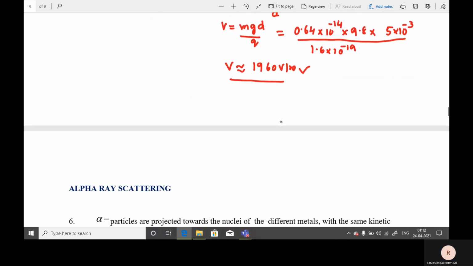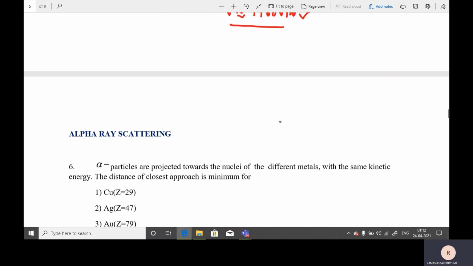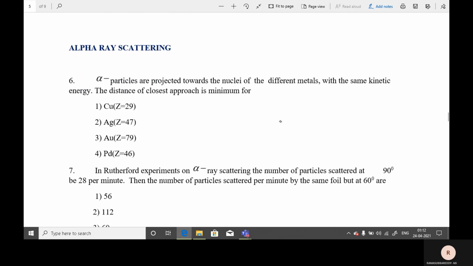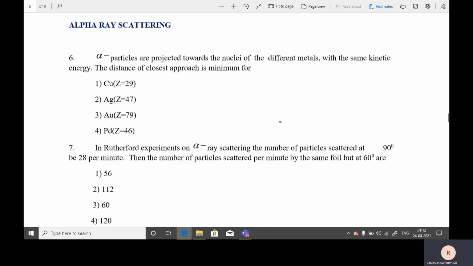Okay. Rutherford scattering. On Rutherford scattering, we'll see the problems. So in Rutherford scattering, alpha particles are projected towards the nuclei of different metals. Alpha particle is projected towards the nucleus, that is nucleus of different metal with the same kinetic energy.